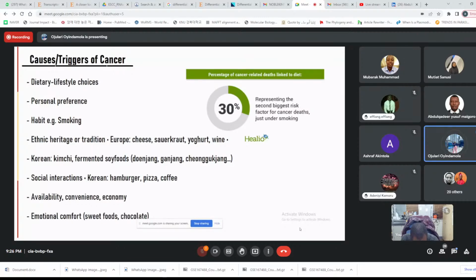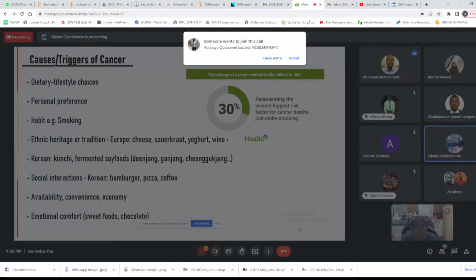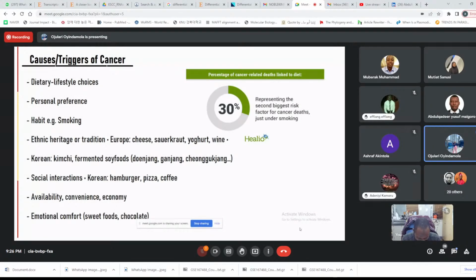So stress is one of the things that can trigger the occurrence of these things in our body. Sorry for the obstruction. So, like I was saying, dietary choices, lifestyle pattern.